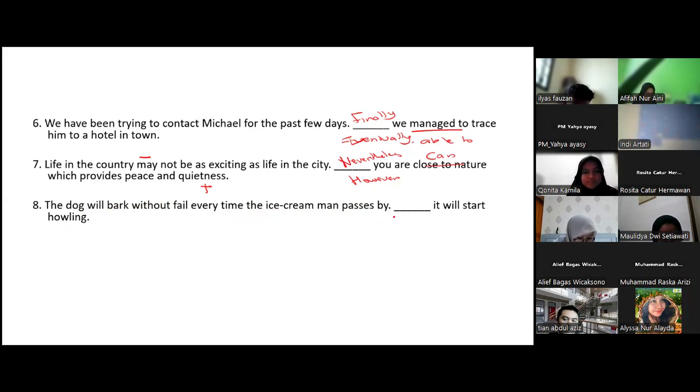So it is about the time. This is the first activity done by the dog, and the second sentence is the second activity done by the dog. So the answer is then, because there is the order of activities.